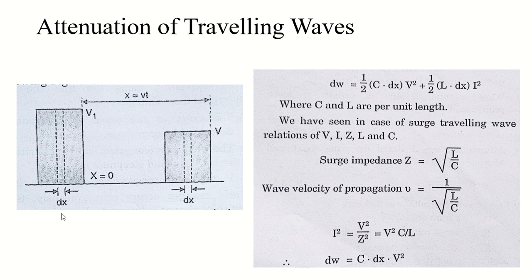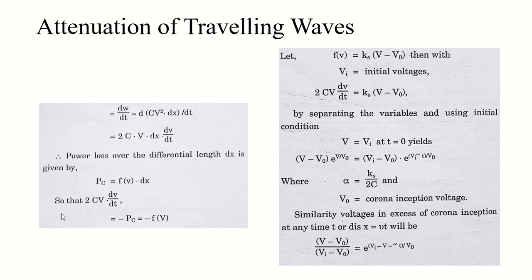And considering the capacitance does not change, the rate of dissipation of energy can be given using this formula. dW by dt equals d of C V square dx by dt. And when you take the derivative, you will get 2CV dx dV by dt.